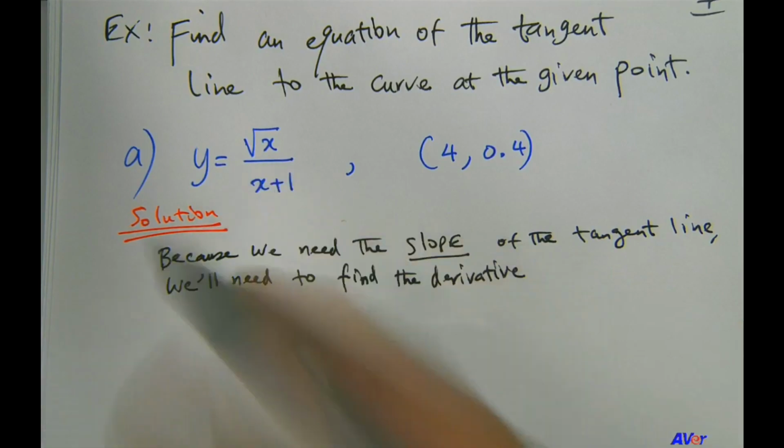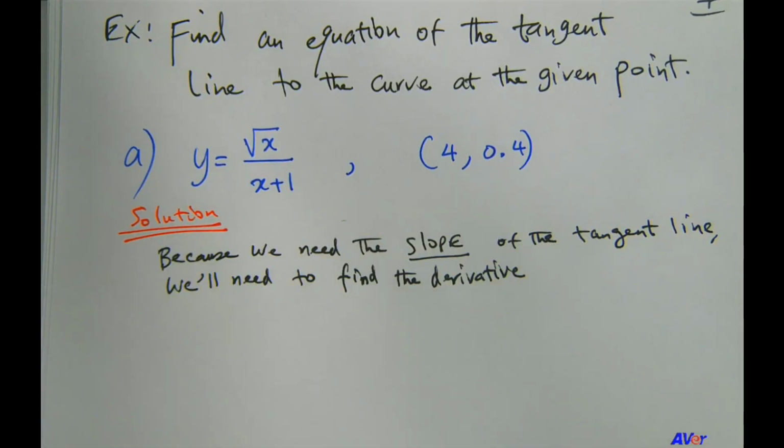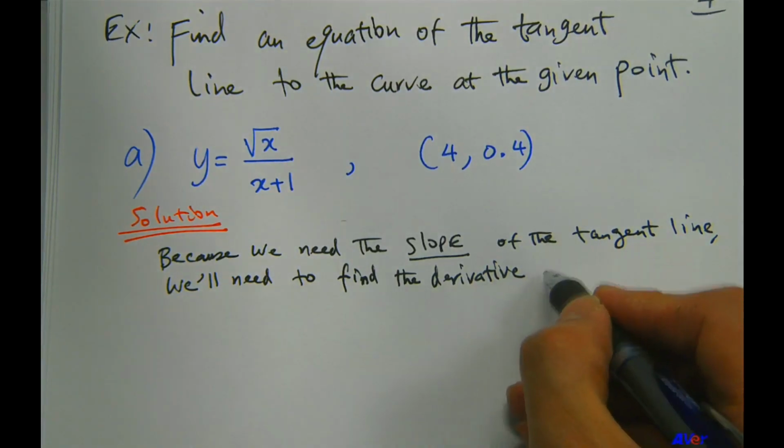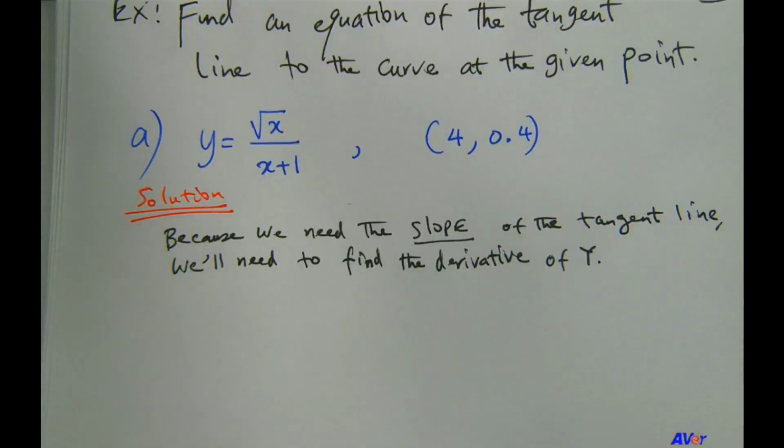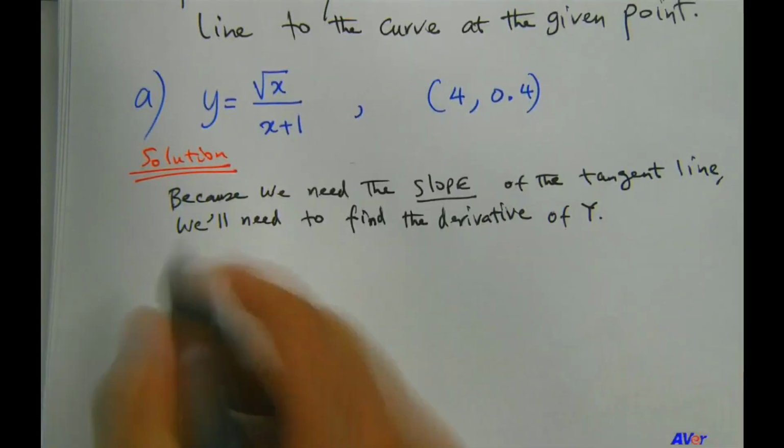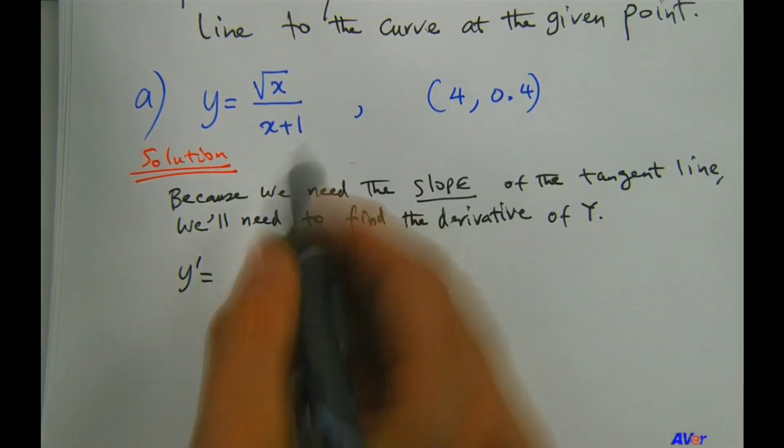Because the derivative is going to give us what? We define the derivative, right? It's going to give us the slope of the tangent line. Okay, so let's do that. And of course, we need to apply the quotient rule. So y prime.